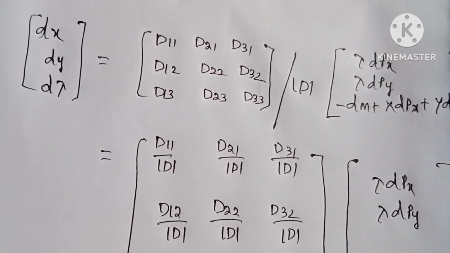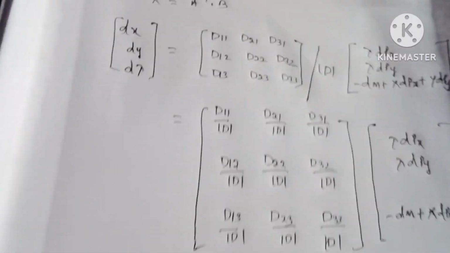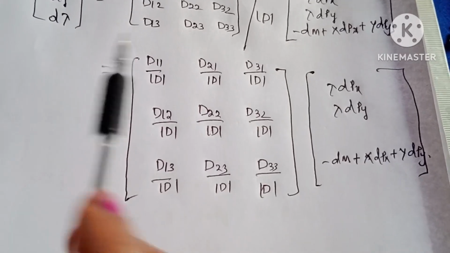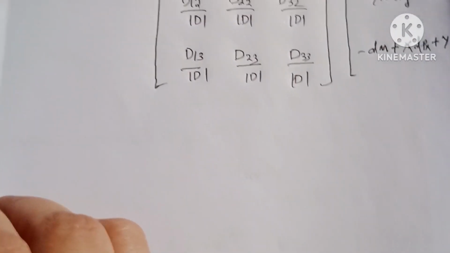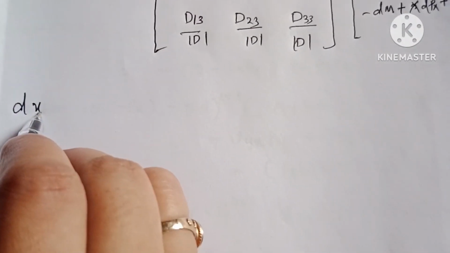Now we will calculate the values of dx, dy and d lambda separately. First we will calculate dx.